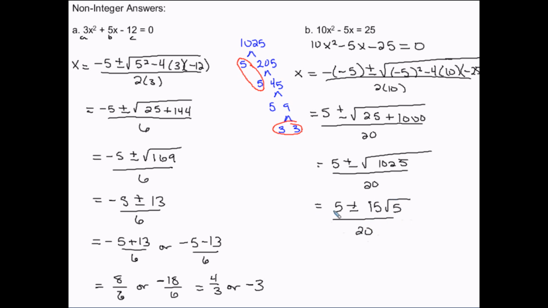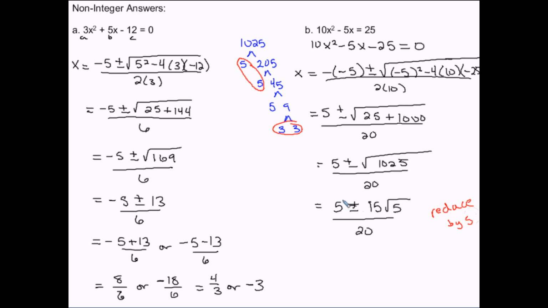Now this is the situation where I told you a little bit earlier we're not going to be able to add those two because this has the square root of 5 attached to it, so I can't add it to 15. But if I look here, 5, 15, and 20 all divide by 5.